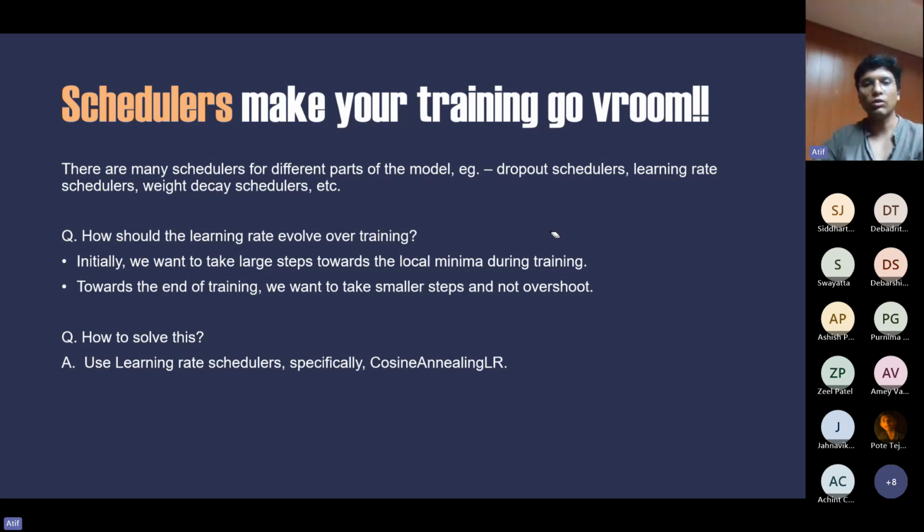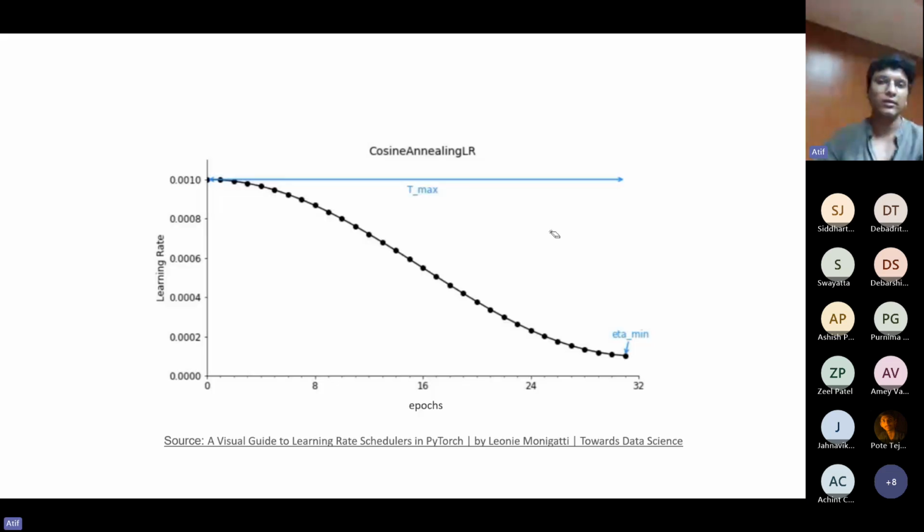You can use something called cosine annealing. There are many different learning rate schedulers, but what I found personally to be the best is the cosine annealing learning rate. It looks like this. The idea is you start off with some learning rate.